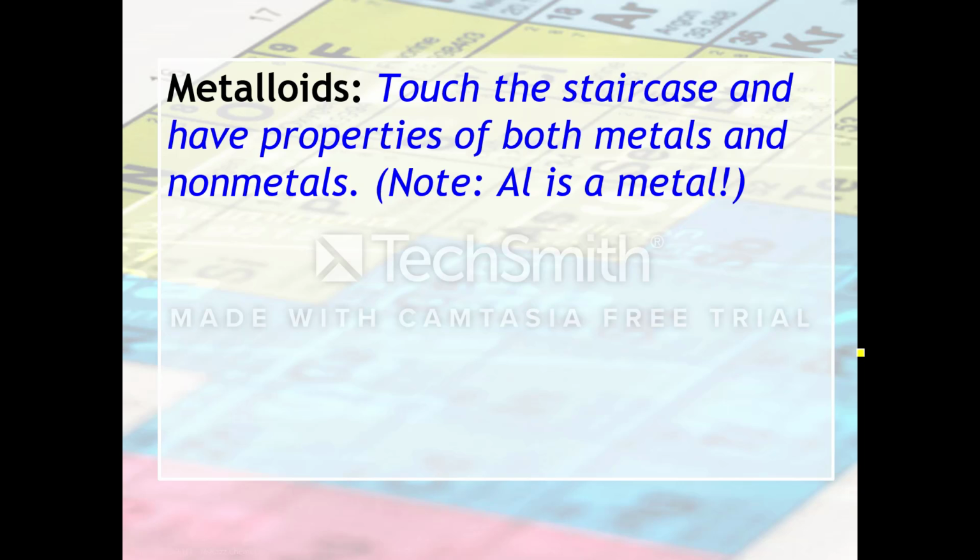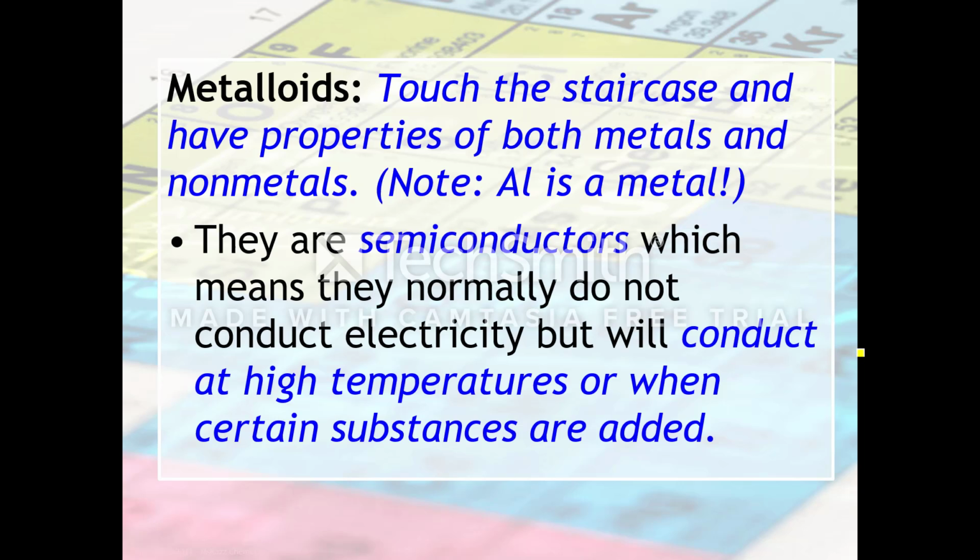Aluminum is a metal. So metalloids are semiconductors, so they don't normally conduct electricity, but they could at high temperatures or when certain substances are added. So, it really depends on the metalloid, but for now, this is what you need to know about them. They have properties of both metals and nonmetals, and they touch the staircase. Okay, so this up here is your most important notes on the metalloids.